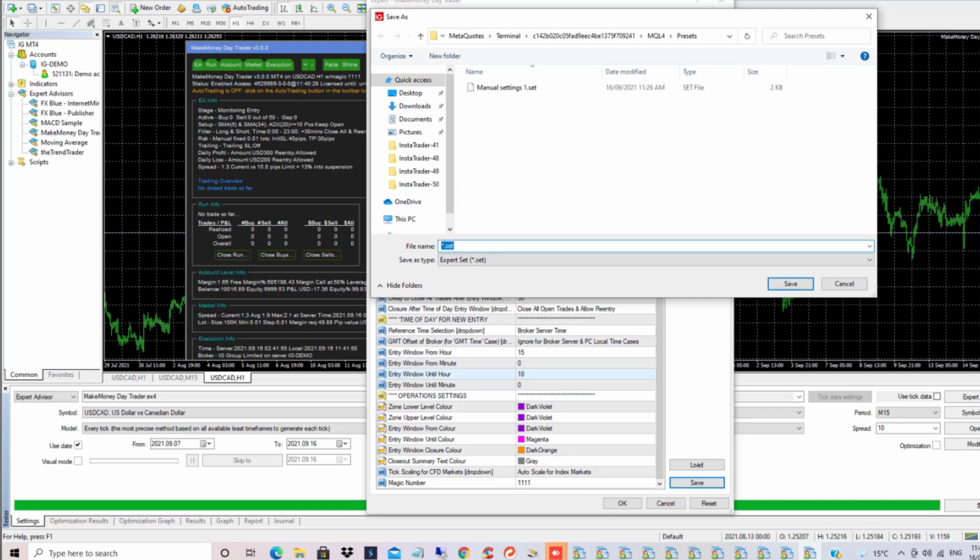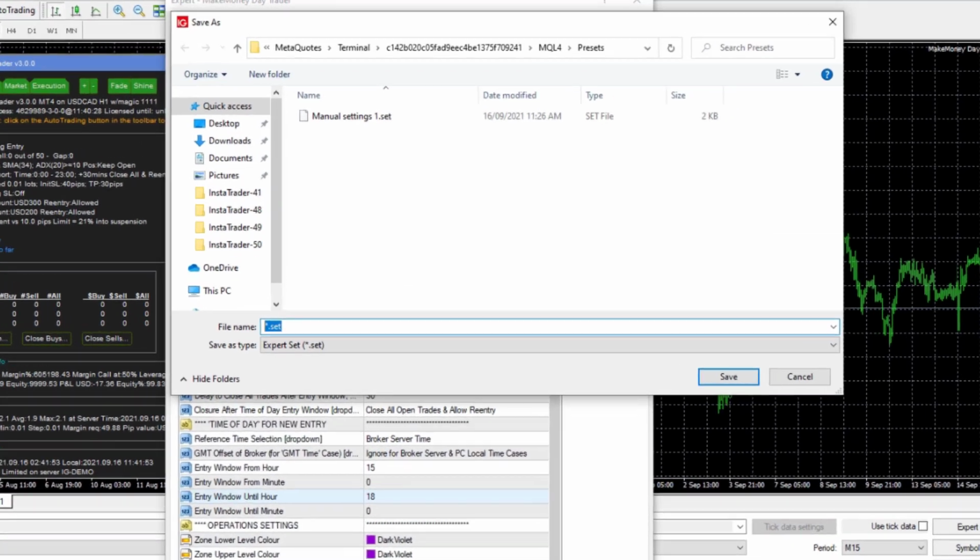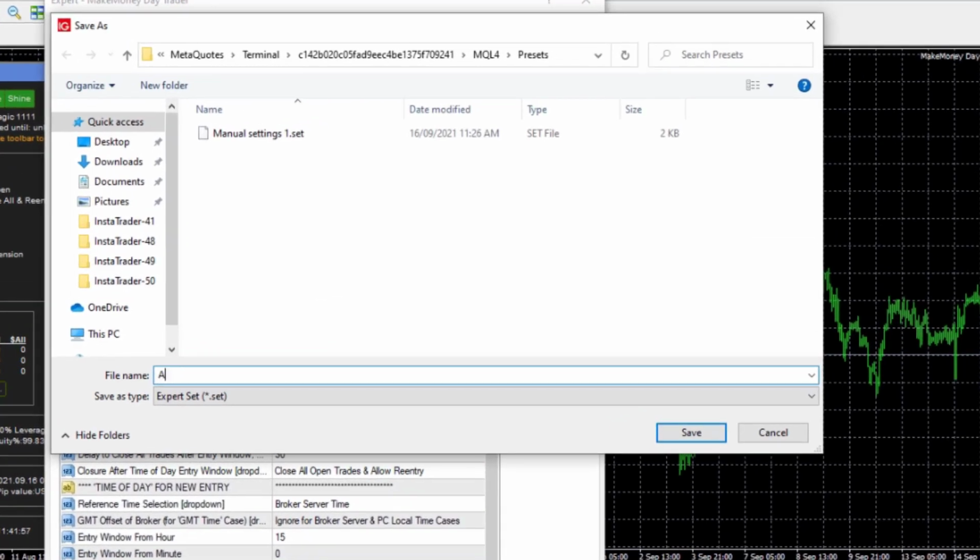So what we're going to do is save that as adjusted manual settings, and today is the 16th of September, and this is for the USD CAD, 15 minutes. All right, so we know more or less what the name of this is.